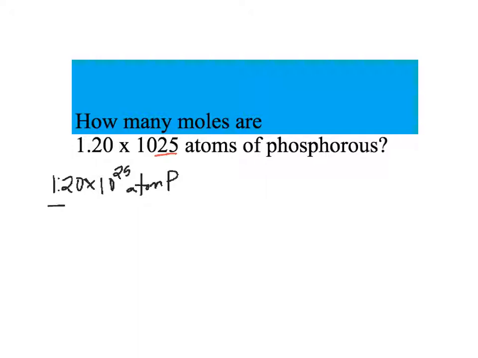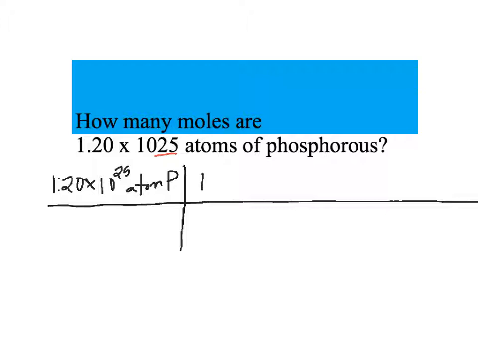You need to recognize which chemical or which element or which molecule you're dealing with, because when we start getting into chemical reactions, you're going to have to know exactly. So I'm going to put atoms of phosphorus because that's what my question gave me. Now, on the bottom, we are going to use the mole, because the mole can be used as a representative particle. So I'm going to put moles on the top because that's what I'm going into.